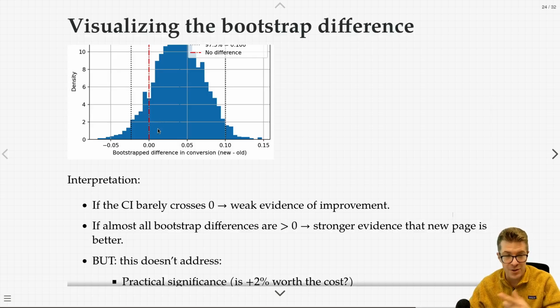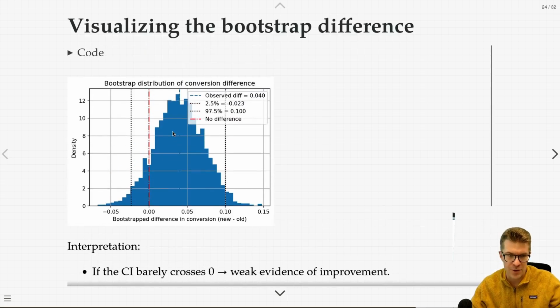Actually, just riffing on what I mentioned a moment ago, not only is a 4% improvement in click-through rates or conversion rates on the new site compared to the old site maybe not enough evidence to suggest that the new page is better, even no difference at all, so the 0 delta, is within our confidence interval, right?